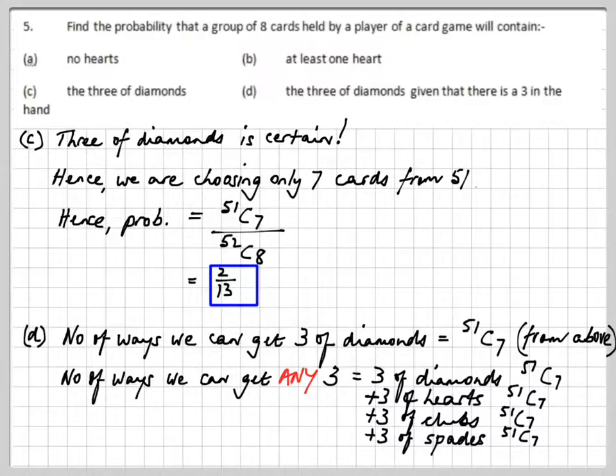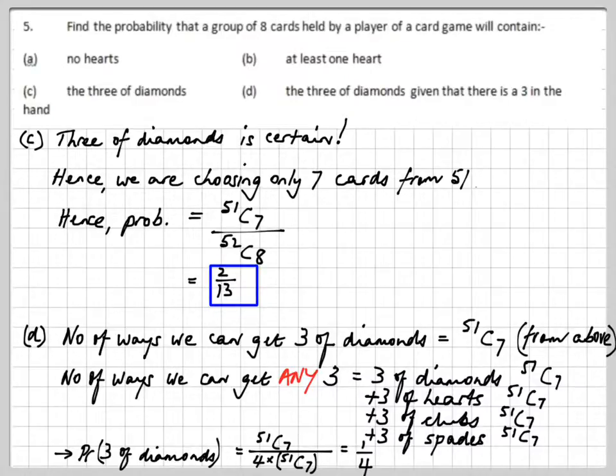So our probability of the 3 of diamonds is 51C7, the one for the 3 of diamonds, divided by the whole pool of getting a 3, which is 4 lots of 51C7. And of course, wouldn't you know it, it comes out to 1/4.